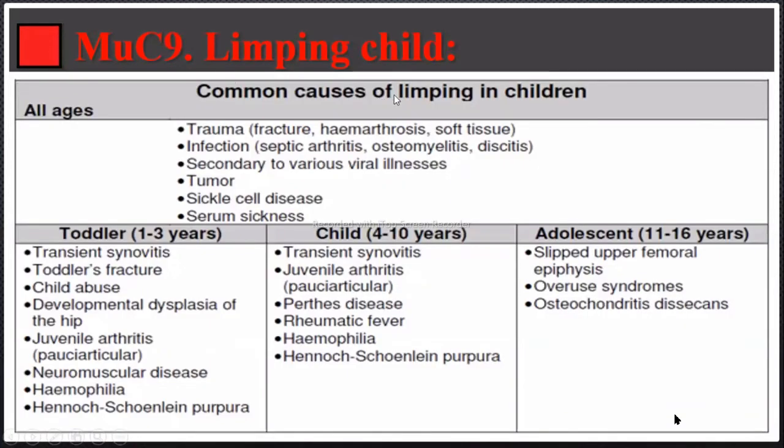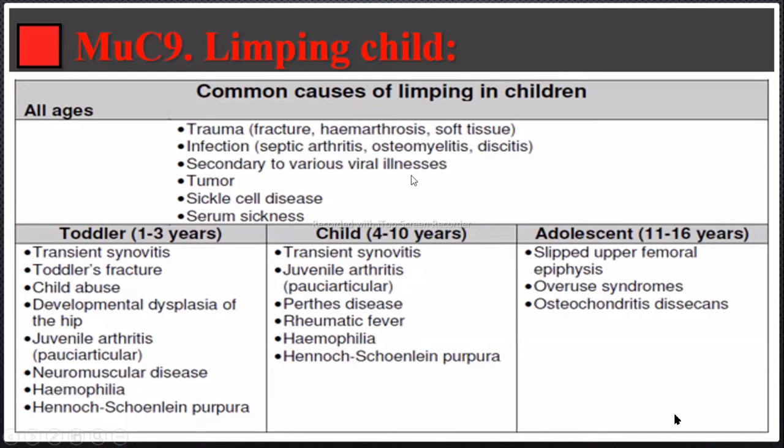Limping child: here, be familiar please with all ages, and according to the age, you can narrow your differential diagnosis. In all ages, trauma can cause limping. So maybe fracture, hemarthrosis, infection like septic arthritis, osteomyelitis, discitis. Secondary to viral illness.